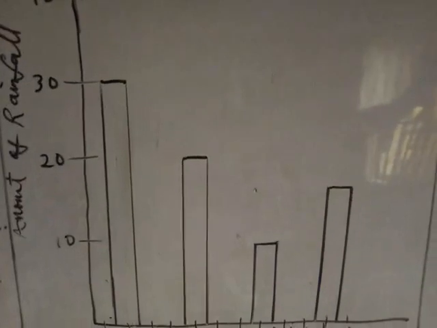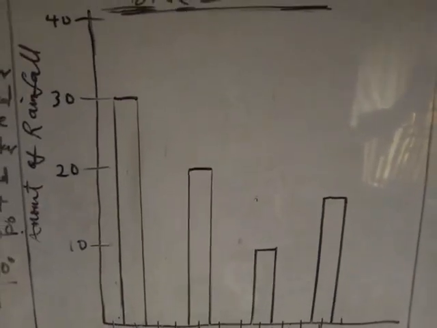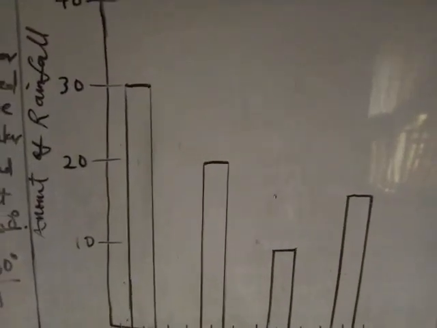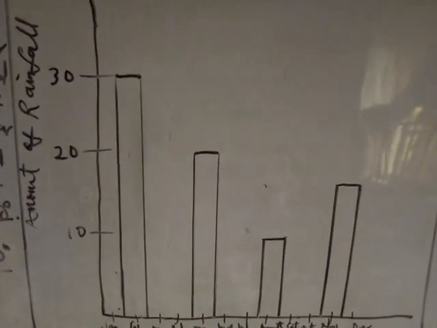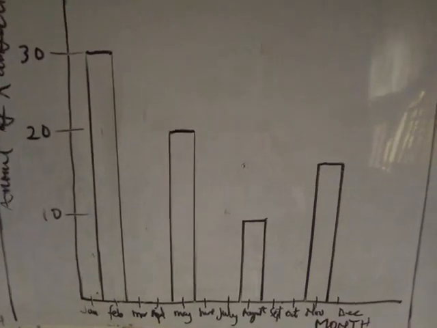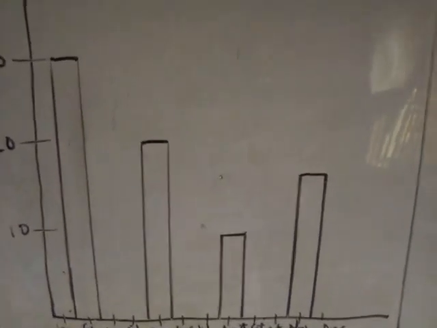You can see from the diagram that they have the same width and the same equal space, and the height represents the quantity. This represents the amount of rainfall, and the amount of rainfall is the height, and the month is the bars, the width of those bars.